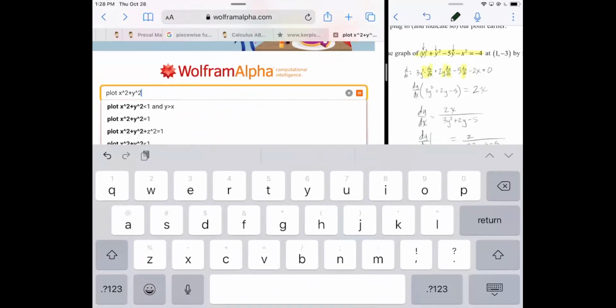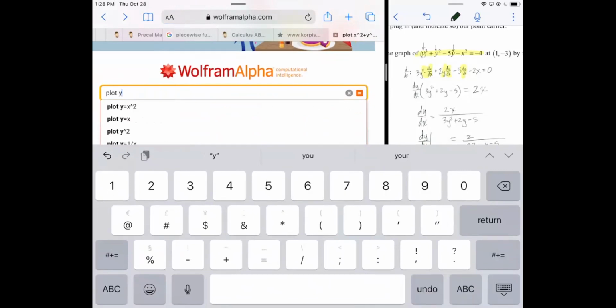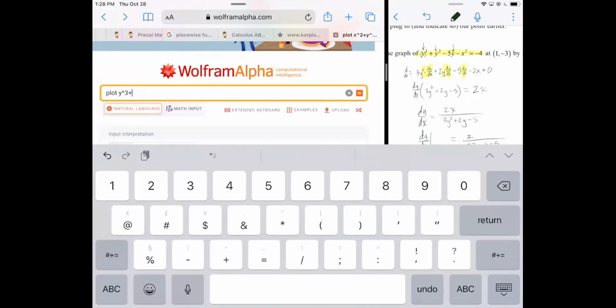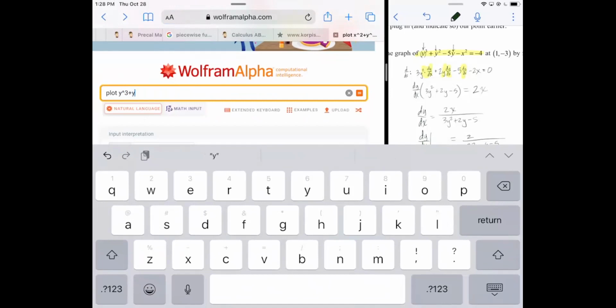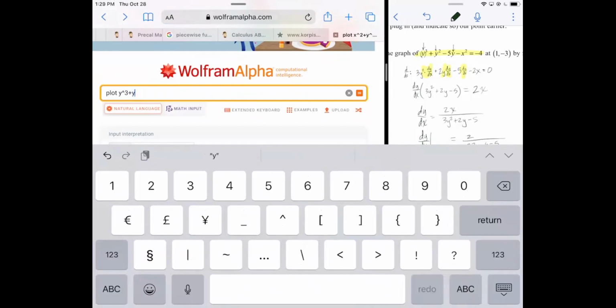All right. Just bear with me here. I'm slow with my typing. Y, you got to use a caret, 3, y cubed, and then plus y squared. Now I got to go back to this screen. Oh man, all these different submenus, right? Y squared, caret 2, minus.